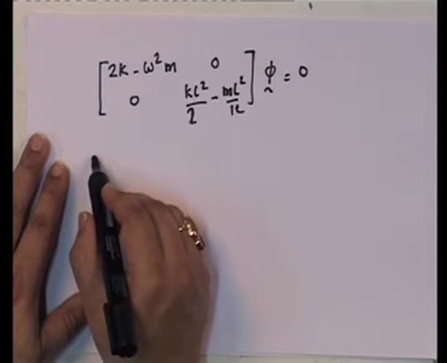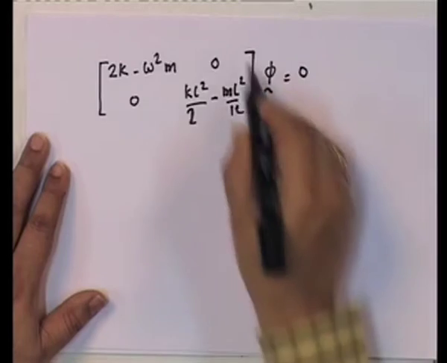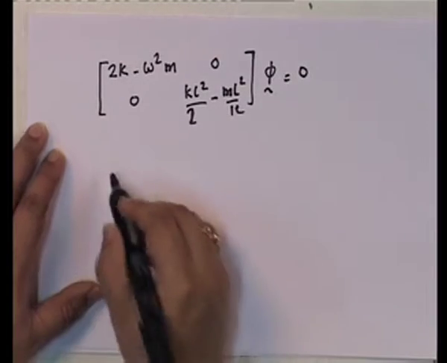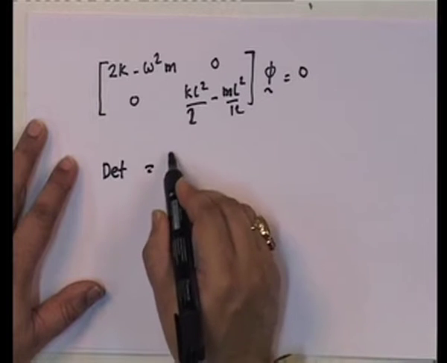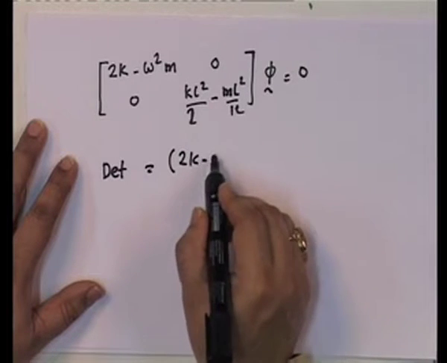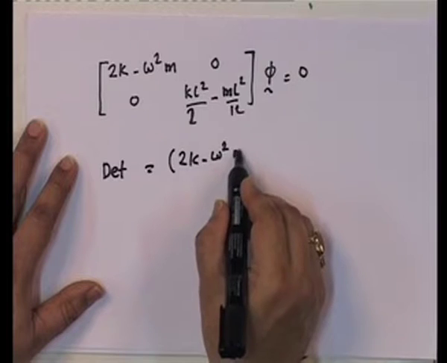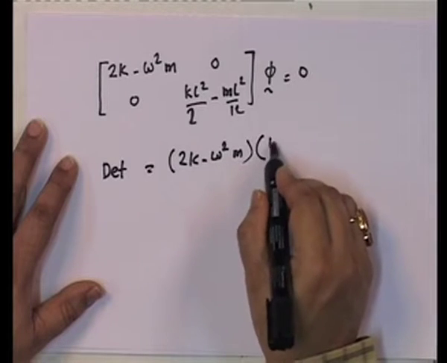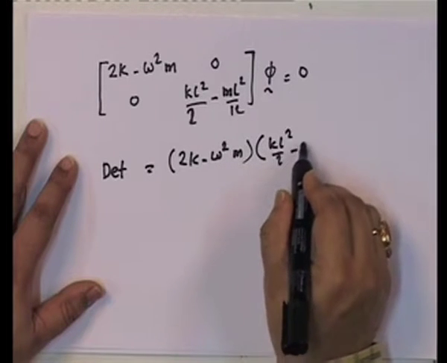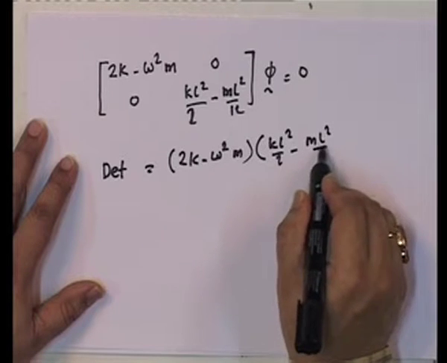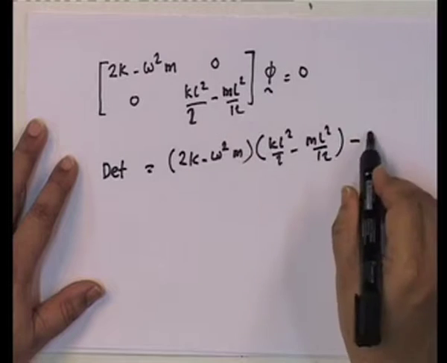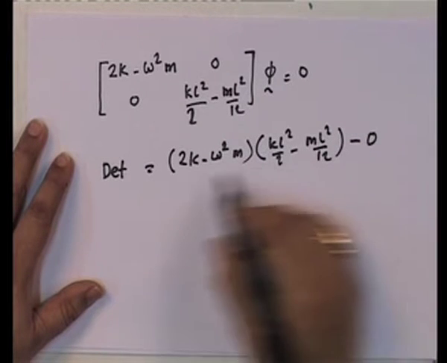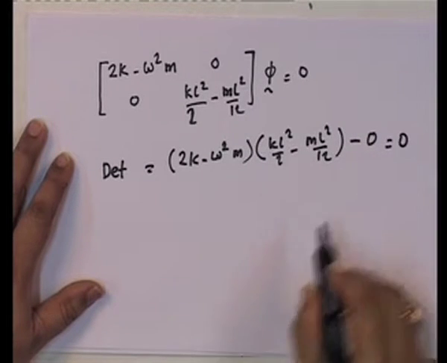So, obviously, determinant of this matrix is equal to 0. And so, what is the determinant? Determinant is equal to 2k minus m omega squared into k L squared by 2 minus m omega squared L squared by 12 minus 0, and this is the determinant, that is equal to 0.